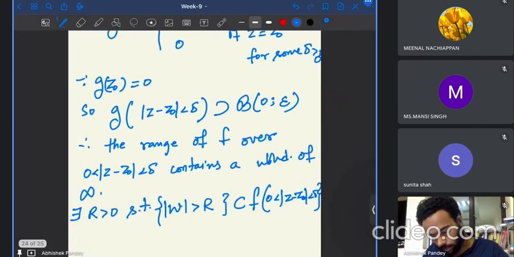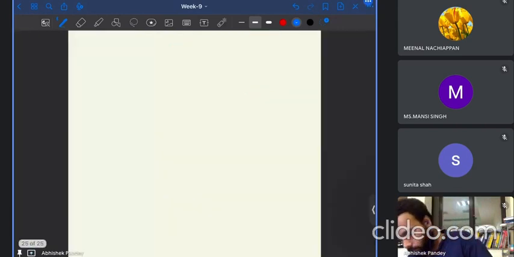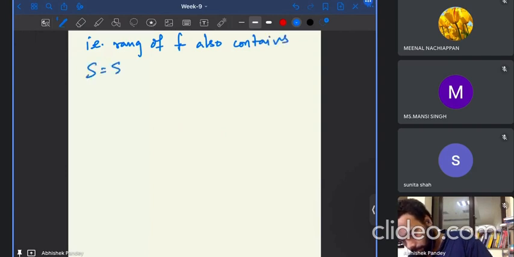Since mod w greater than r is contained in the range of f, the range also contains the set of w such that r is less than mod w less than or equal to r plus 2 pi.